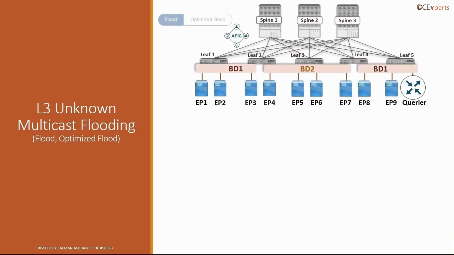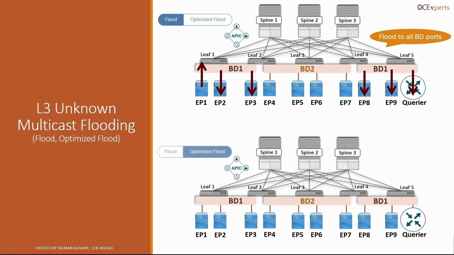In the flood option, if an endpoint sends an L3 unknown multicast traffic to the ACI fabric, it will be flooded within the same bridge domain, just like the example in the previous slide. So, as you can see in this figure, the packet is flooded to all bridge domain ports within the ACI fabric, of course including the mRouter port, where we have the IGMP querier.